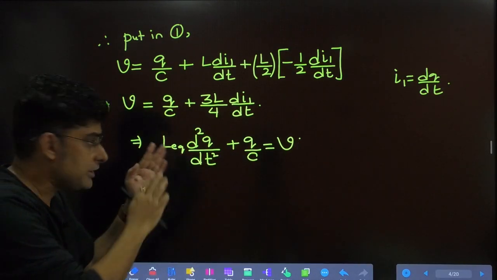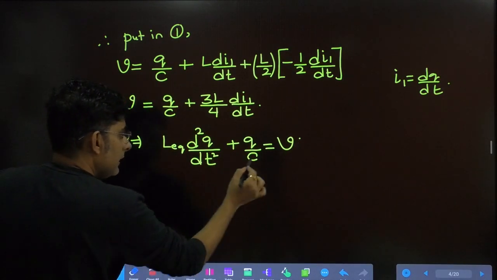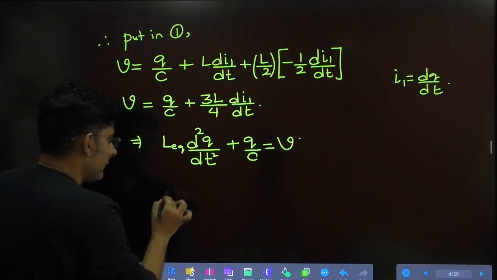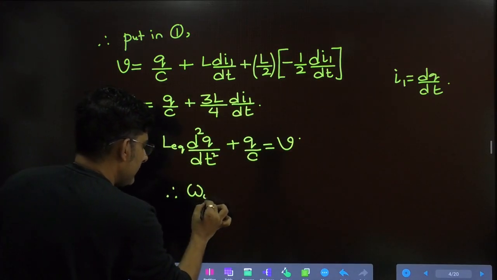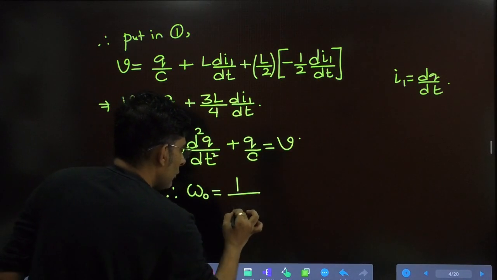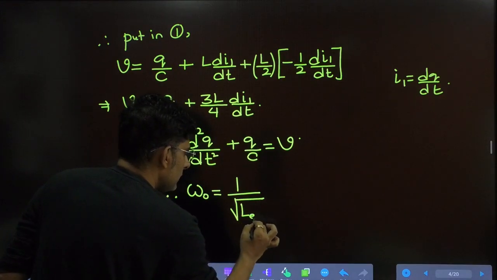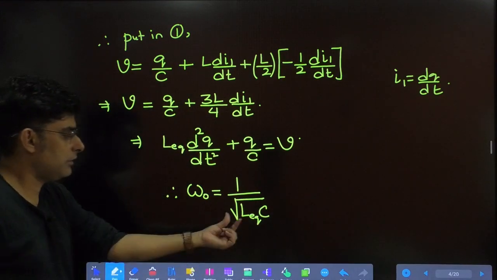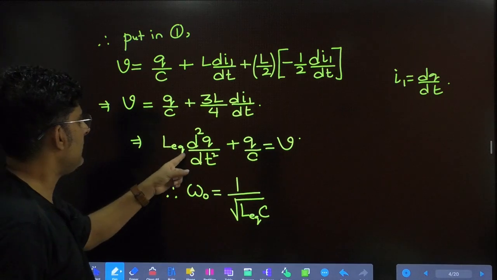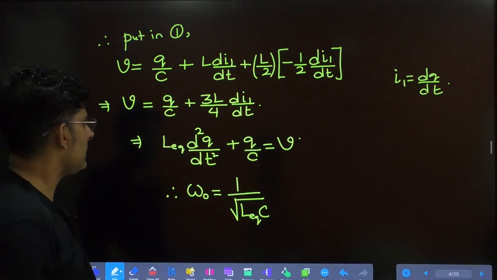So when we have a differential equation of this form, then this C and this L equivalent, from here only we get the resonant frequency. Omega naught is nothing but 1 by root LC. So here we will simply use this. L equivalent is how much? 3L by 4.